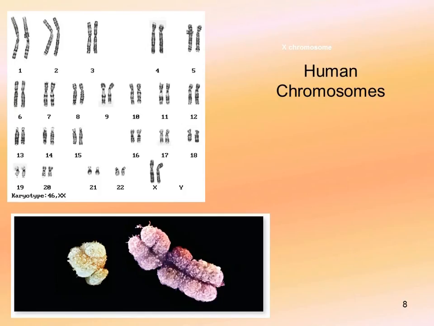If there is a mutation in an SRY gene, even though it remains attached to a Y chromosome, that male, even though he has that Y chromosome, will develop as a female. This shows you how vital the SRY gene is to the correct development of the human male.